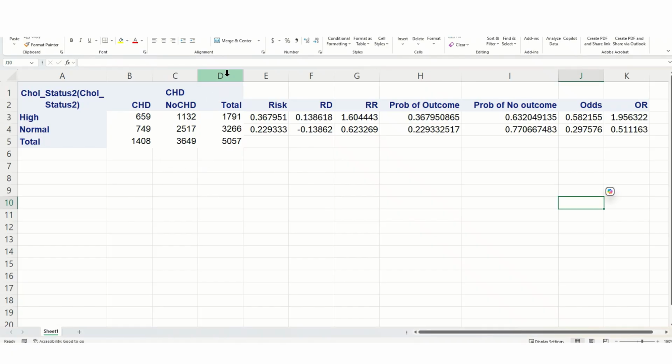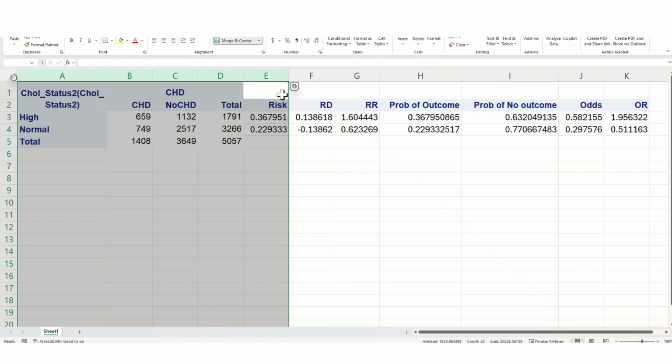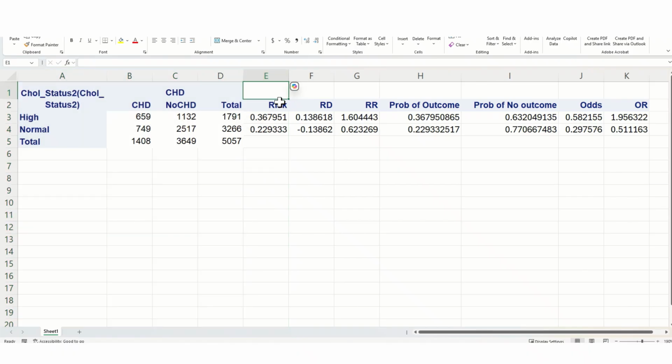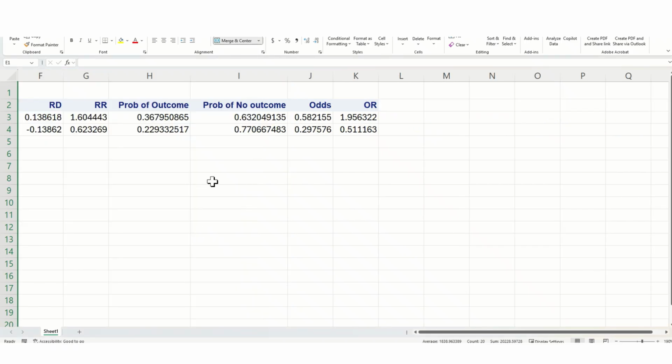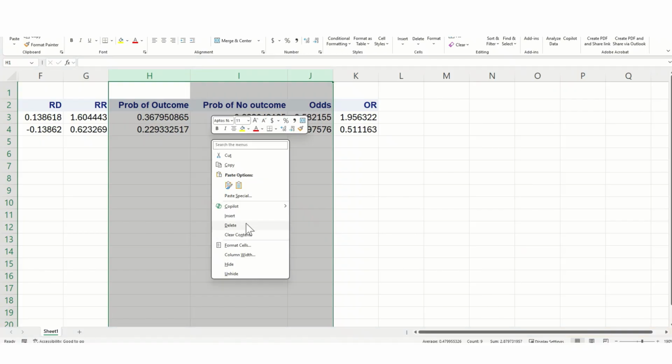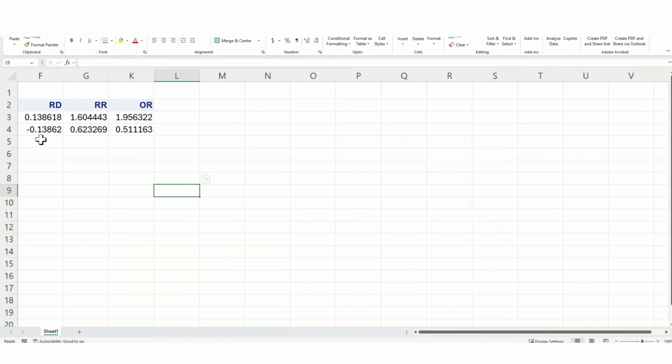So let me hide all the unnecessary values from here, and let's get into the most important values. I'm going to hide these three columns, and then we will have only three values here, and the way they are interpreted is as follows.